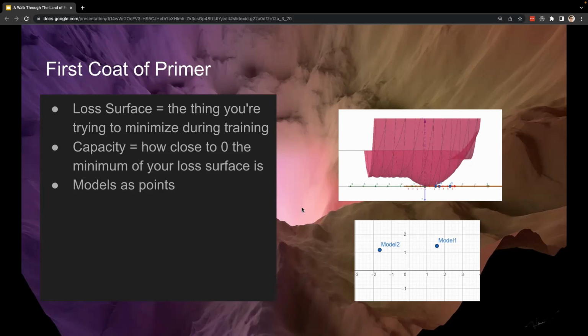Hey, Grant. Yeah, go for it. Can I roll back to that capacity? I'm understanding capacity as how close the minimum is. I guess I think of the capacity of a model as related to the dimensionality of the parameter space. Yeah, I would think of it like this: if your model has more capacity, then it can learn better, right?